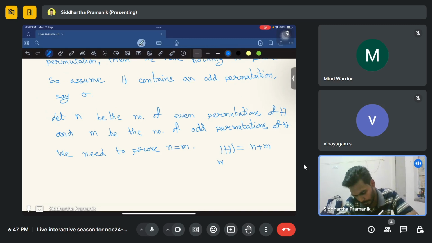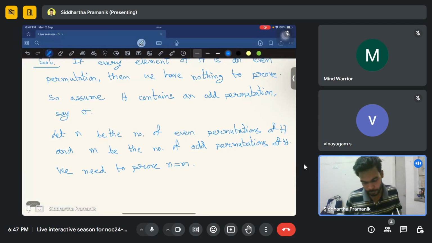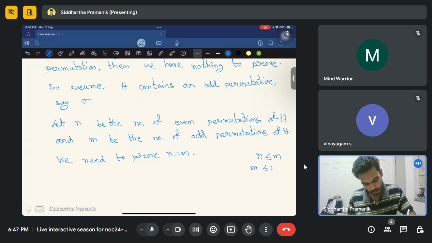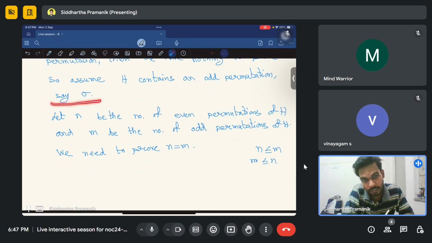Then we are done. So how to prove N equals M? We will show N is less than or equal to M and M is less than or equal to N, the classical way. So what do we have? We have an odd permutation in H.